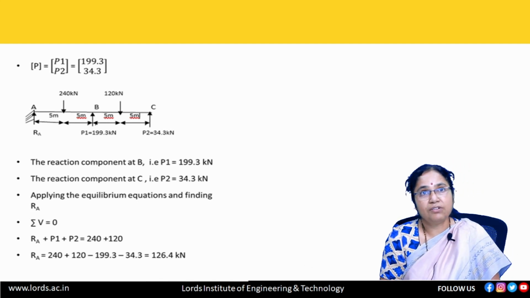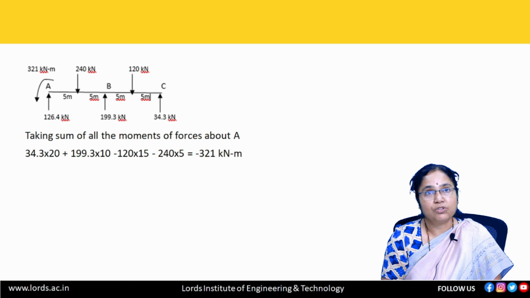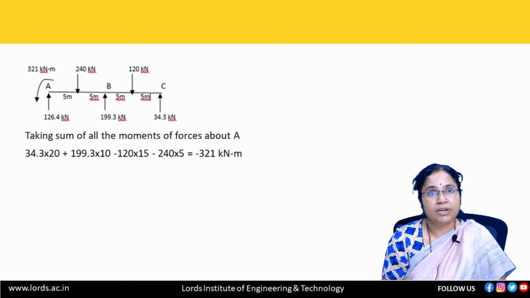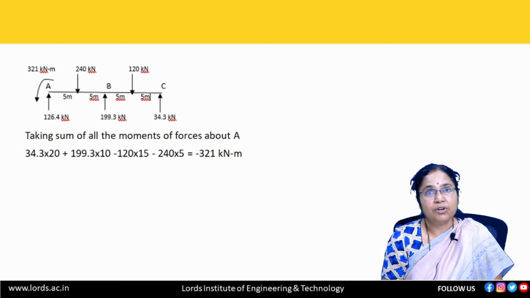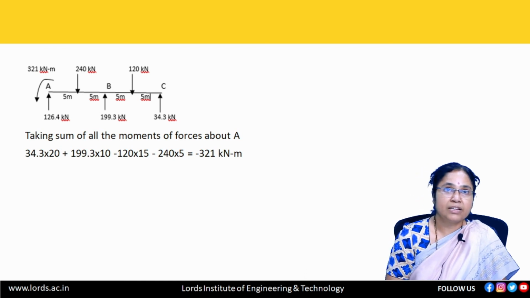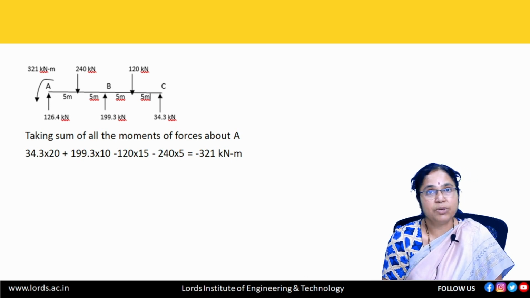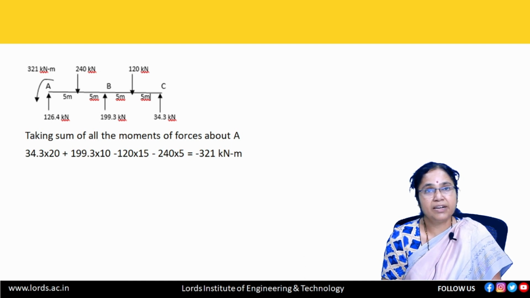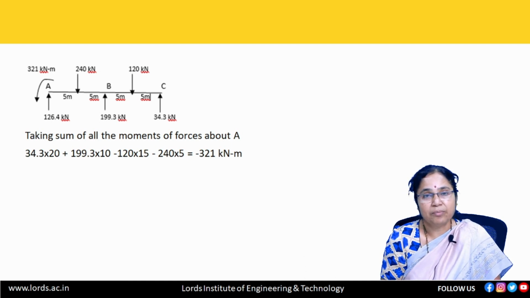Now we need to find out the moment at A also. So taking the sum of all the moments of forces about A, the reaction component at C, that is P2, which is 34.3 into 20, plus 199.3 into 10, minus 120 into 15, minus 240 into 5.